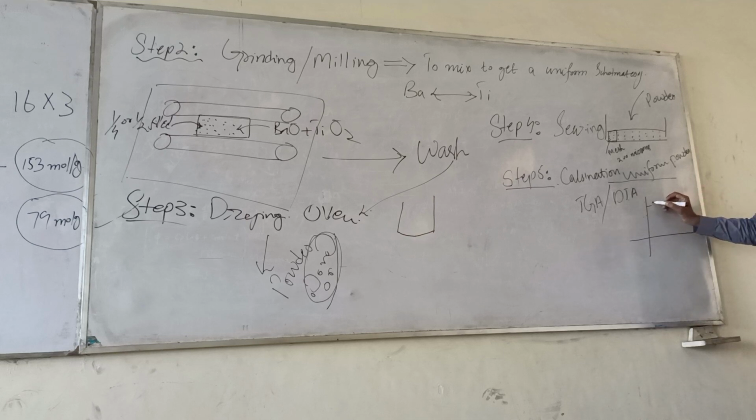So in the first step, dehydration, in the next step, dehydroxylation, then melting, okay, and then some phase transformation, and after that boil, step by step.